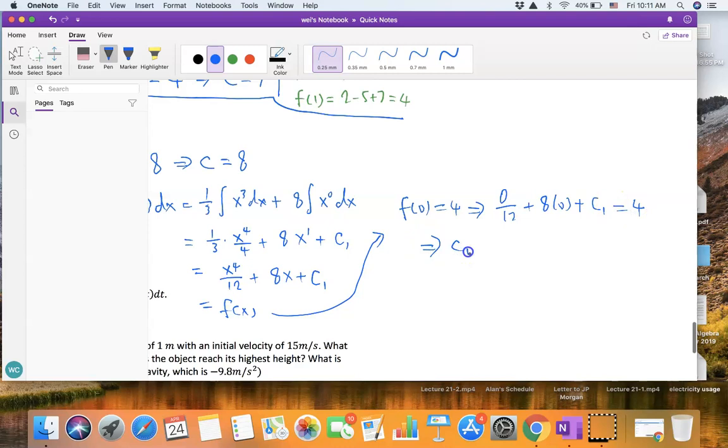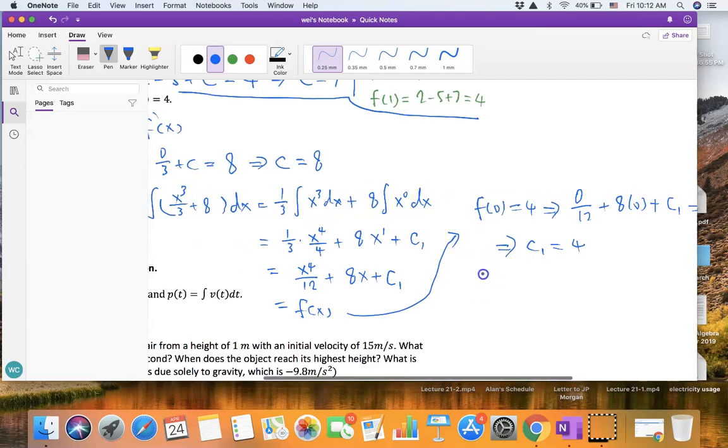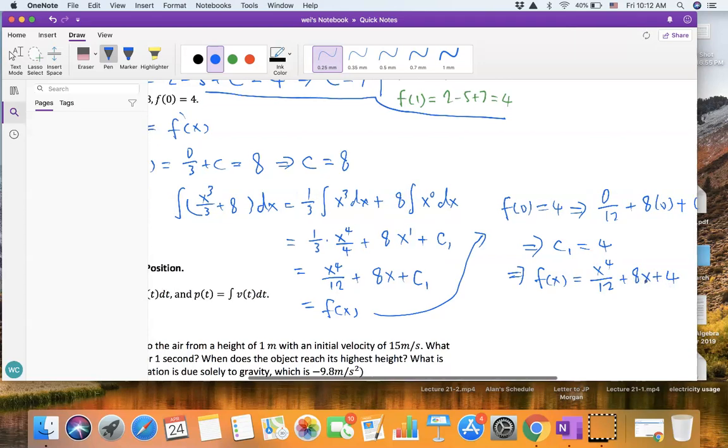Therefore, c1 equals 4. Therefore, the solution is f(x) equals x to the fourth over 12 plus 8x plus 4.